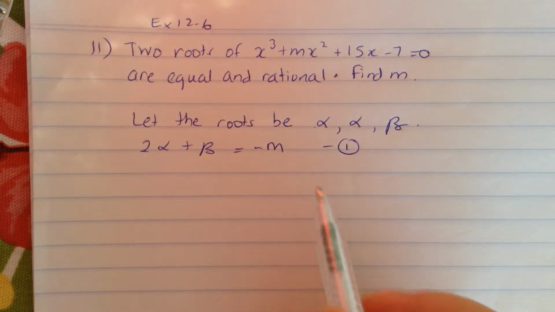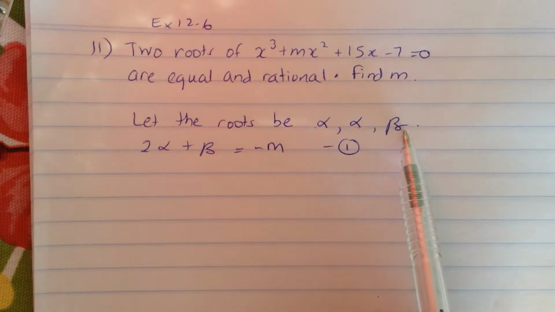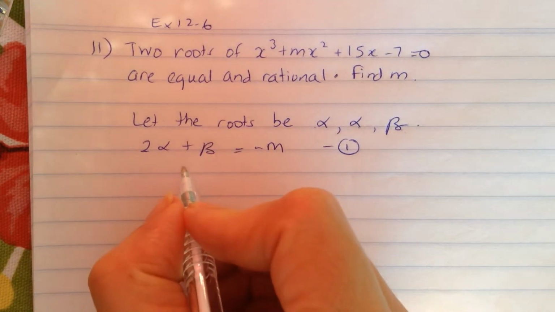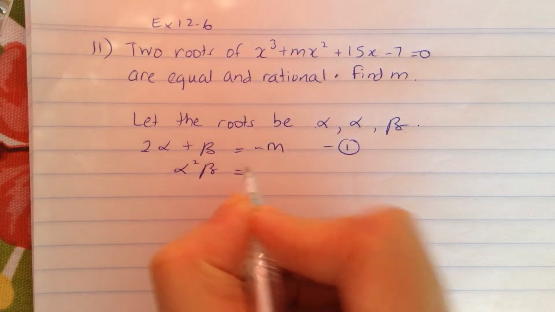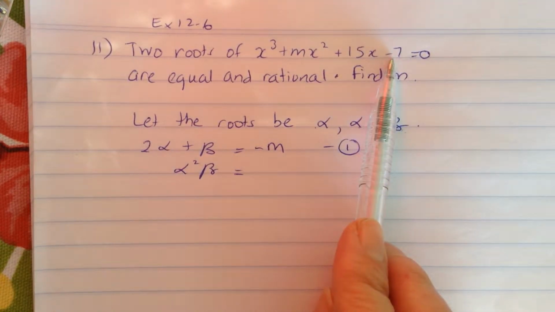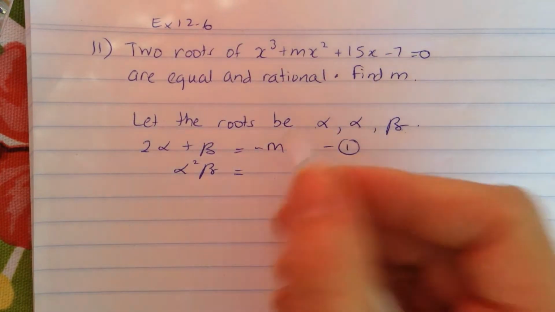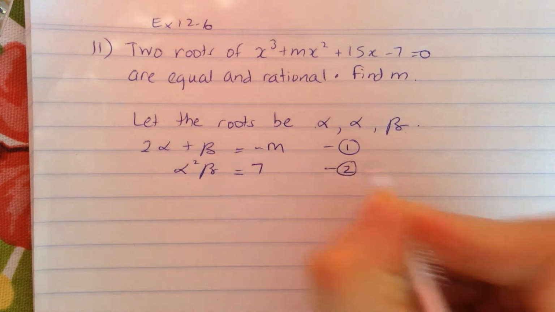Okay, now the product of the roots will be alpha times alpha times beta, so that's alpha squared beta equals minus d on a, and d is minus 7, a is 1, so it'll be minus minus 7 on 1, which is 7. Call that number 2.